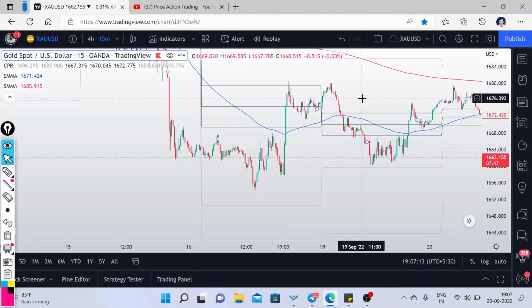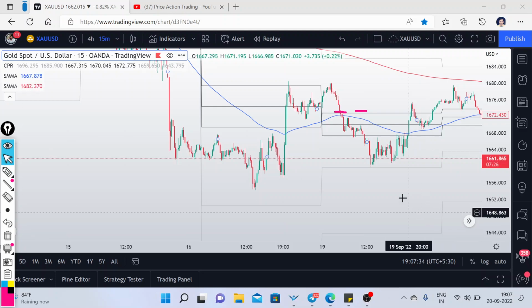That totally depends on you, because if you want to enter here, then your stop loss will be here. If you want to enter here, then your stop loss will be here. So you just have to build your system accordingly. But the best method is to wait for the price to trade below CPR in case of sell, and above CPR in case of buy.